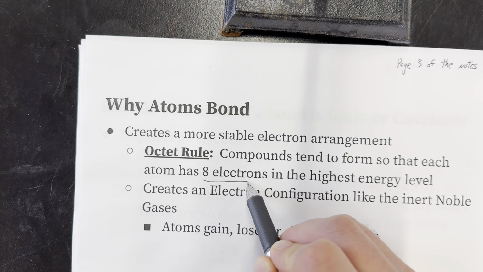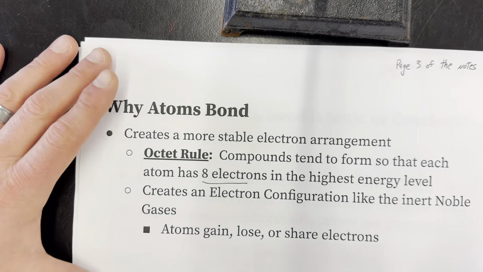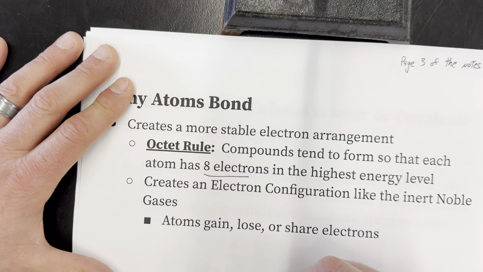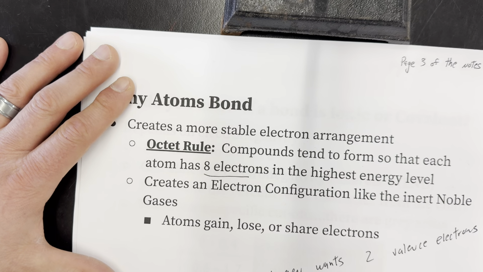They all want 8 in their highest energy level, or their valence electrons. There is one major exception to this. Actually, there's a couple major exceptions to this. Hydrogen would like to have 2 valence electrons. And then helium wants 2.